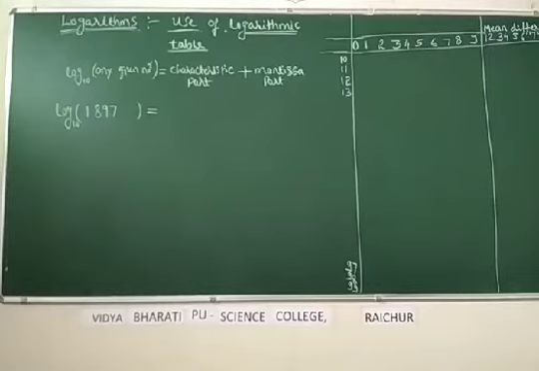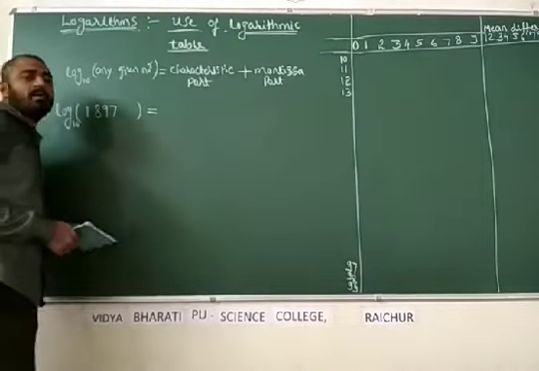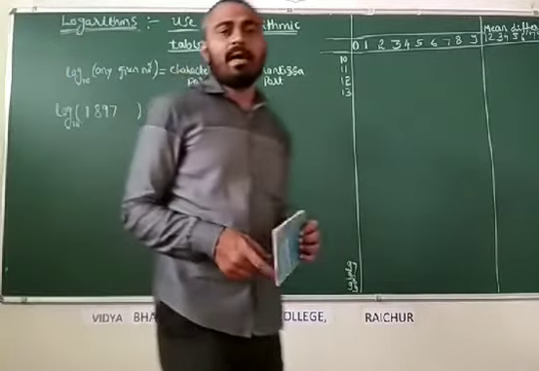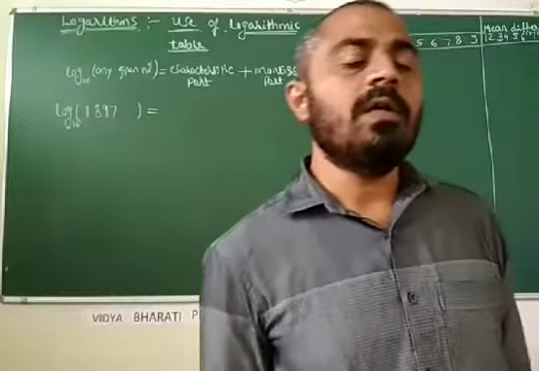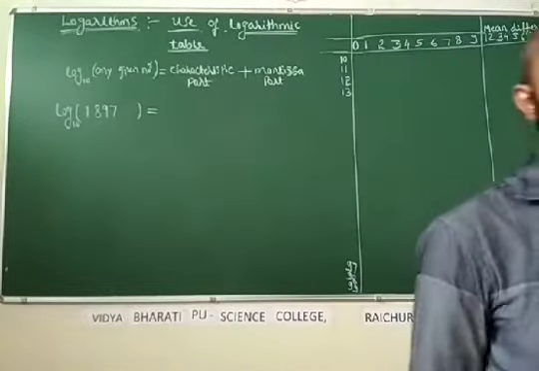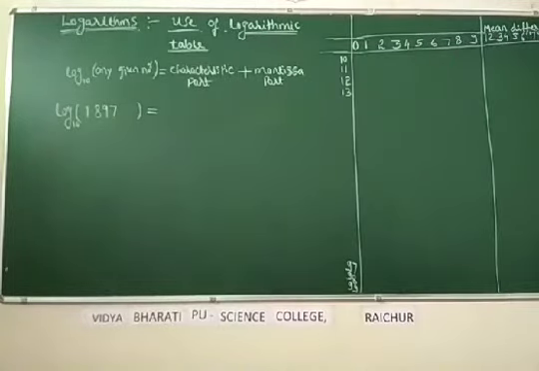And how can we find the characteristic part while finding the logarithmic value of any given number? That I already discussed in the last class. The characteristic of any given number can be found by following the method of inspection.